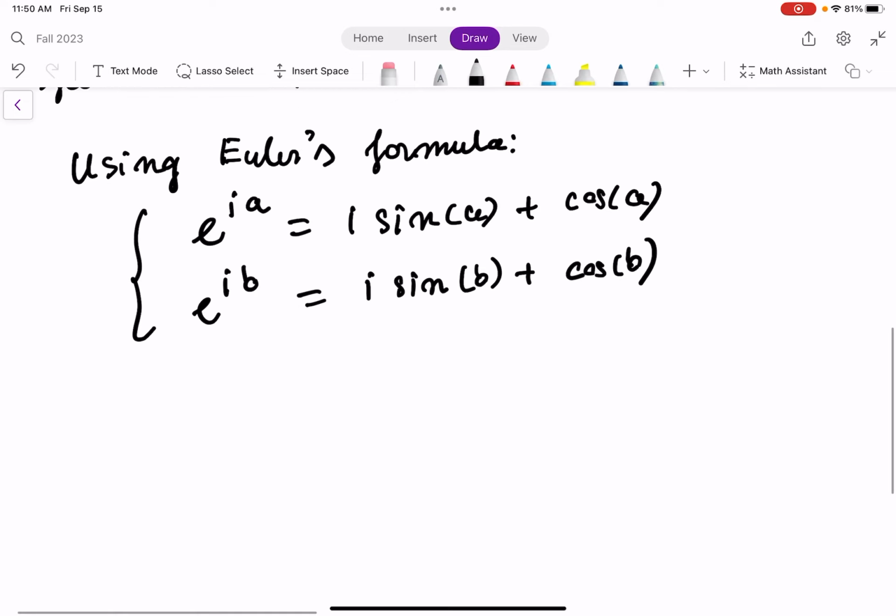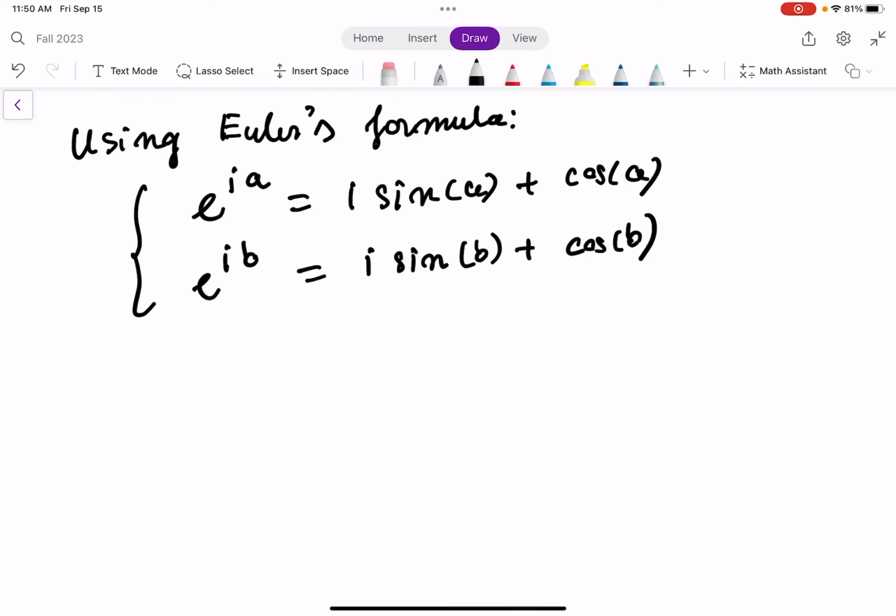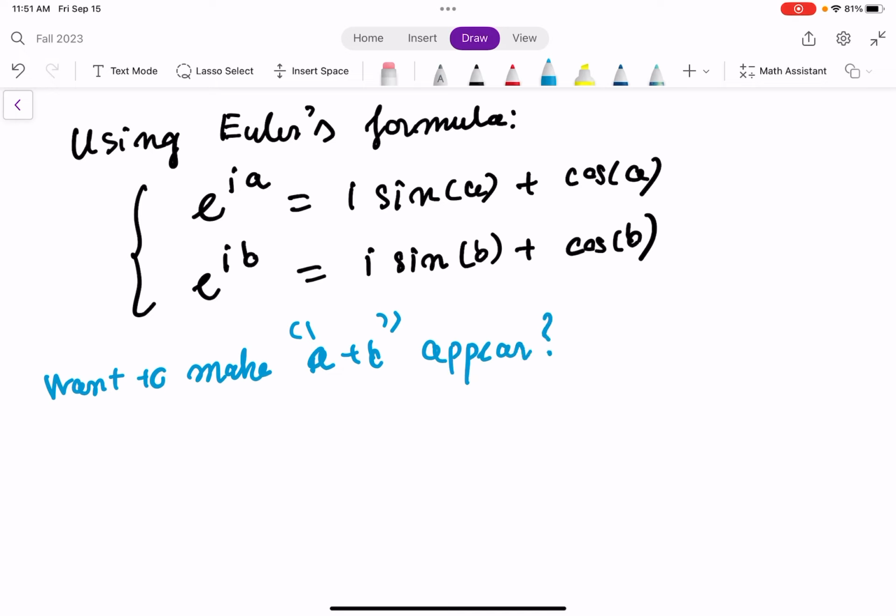Okay, wonderful. Now for the addition, I want to make a plus b appear. So how do I do that?